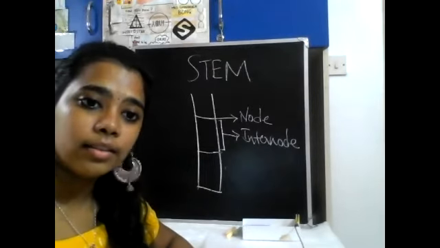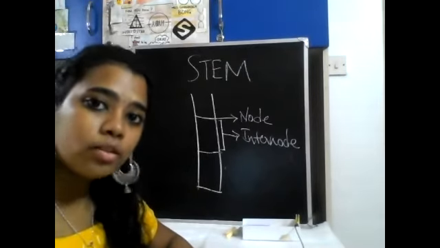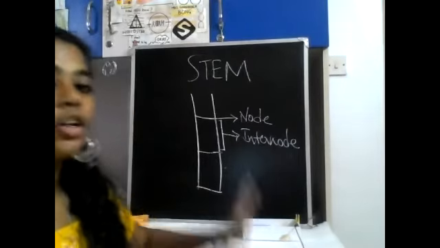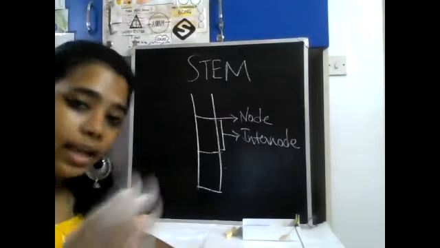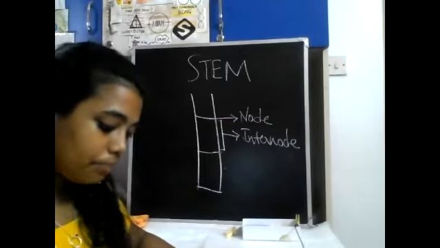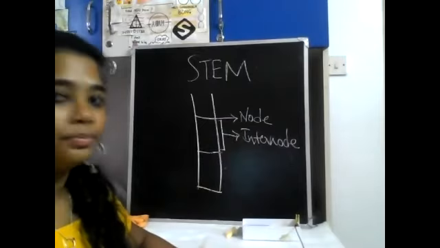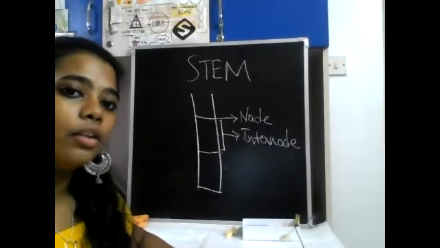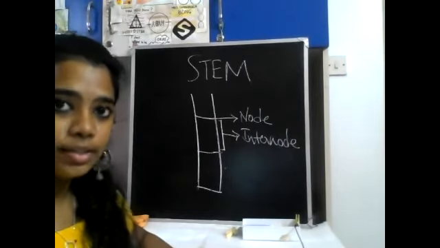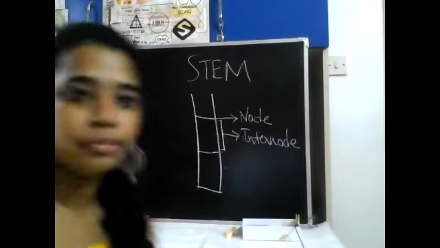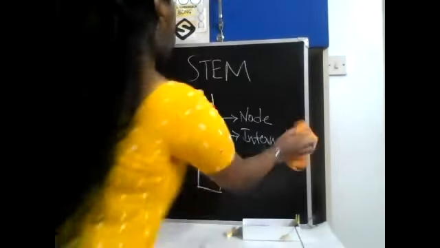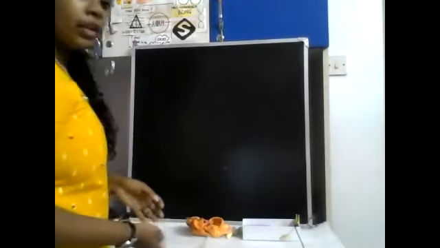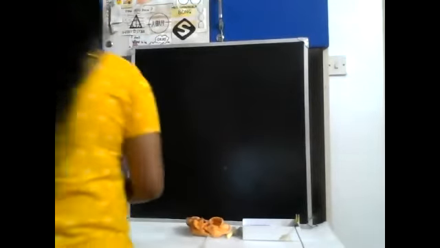No matter what the length is, the stem is responsible for transportation, right? So the second function, and main function actually for a stem, is transportation. So with these functions itself, you can see that there are lots of modifications of stem. So we'll look at some modifications. Like we did in roots, we'll be looking at different modifications of stem, and we will see what function it performs. Okay.